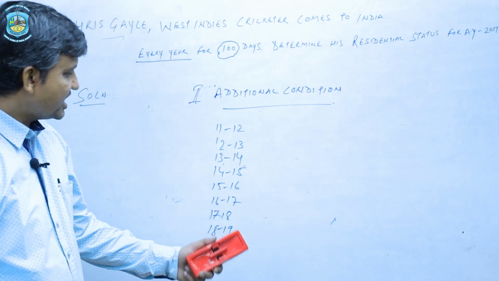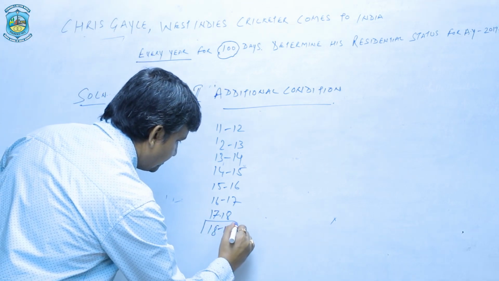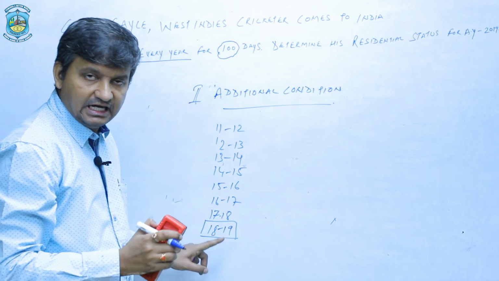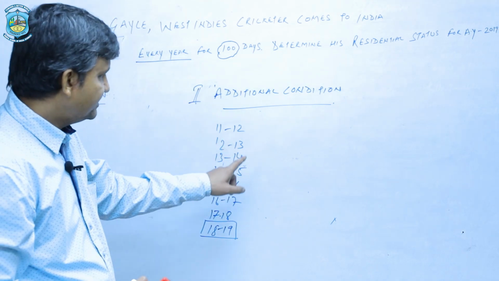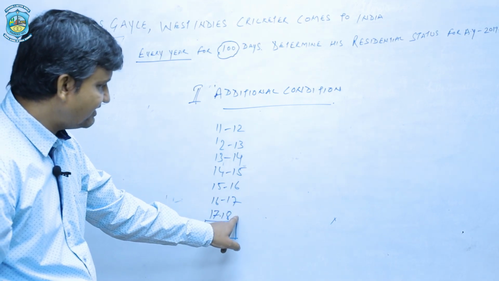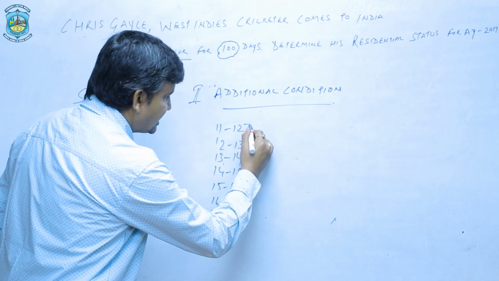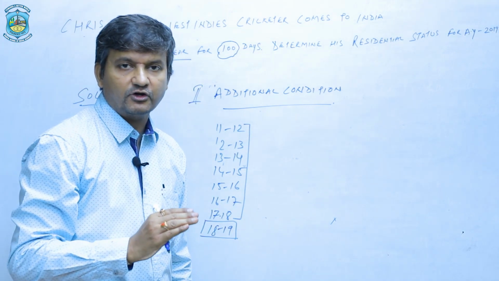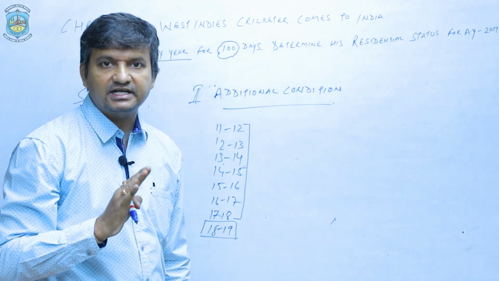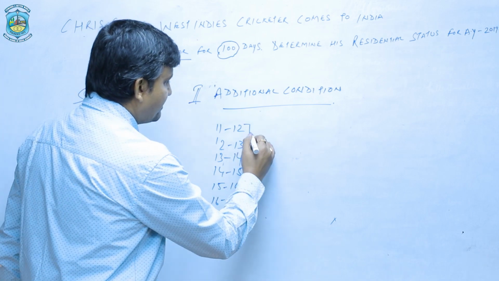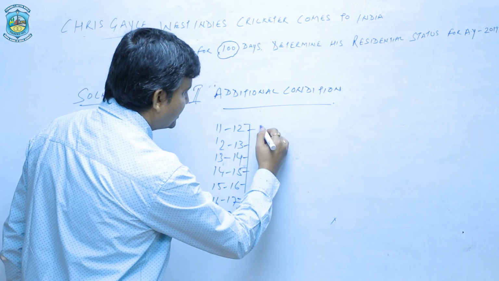So the second additional condition says, preceding the previous year, where 18-19 is my previous year, leaving this, I need to go 7 years back: 1, 2, 3, 4, 5, 6, 7. In these 7 years Chris needs to be in India for a period of at least 730 days. Now is Chris fulfilling this condition? Chris is coming every year for how many days? 100 days.